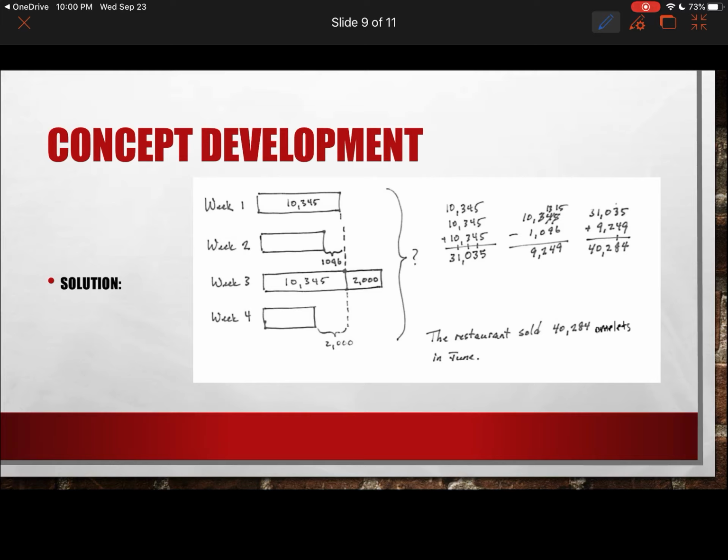You can also see over here when we had to subtract the 1,096. And you can see over here in the final part when we had our final answer put all together, which is 40,284. So in June, the restaurant sold 40,284 omelets.